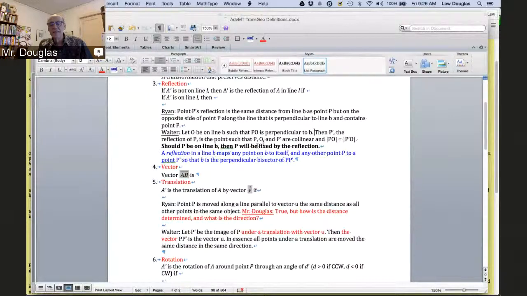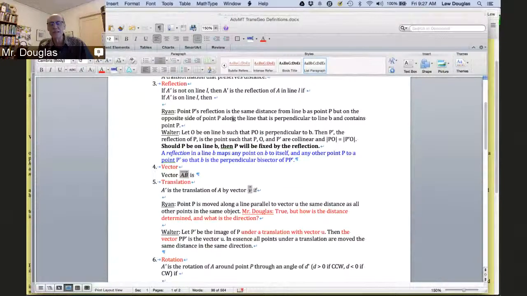And then this is an important part that Walter put in here. It has to be different if the point is on the line. So another interesting thing is that there are kind of two types of definitions sometimes.